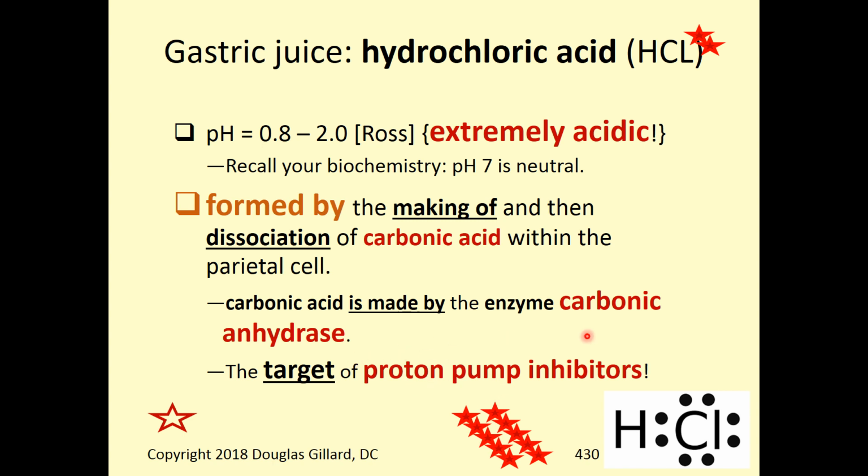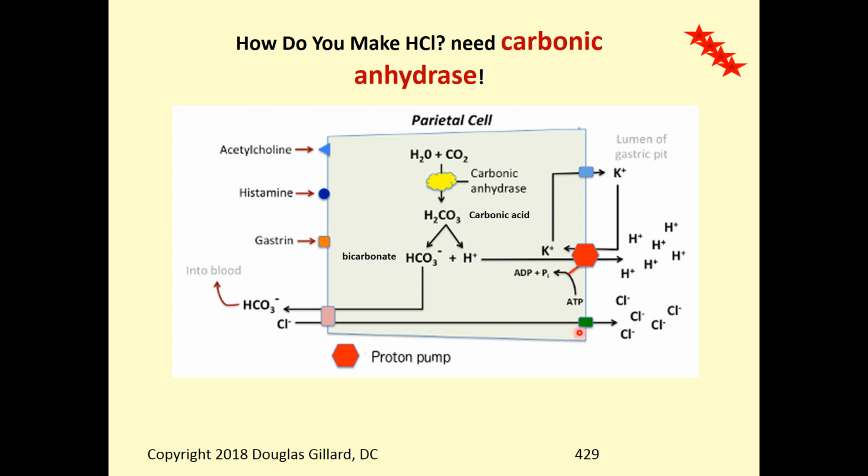Carbonic anhydrase. I'm not going to get crazy into the details, but proton pump inhibitors, like Protonix, or there's a ton of them, this is the target. They bind and screw this thing up so it can't make carbonic acid. No carbonic acid, you can't make hydrogen, and you can't make acid.